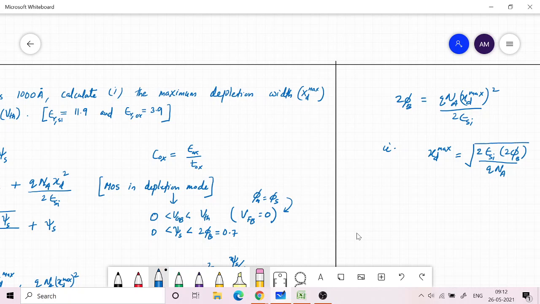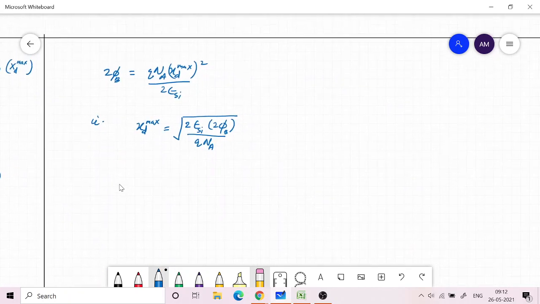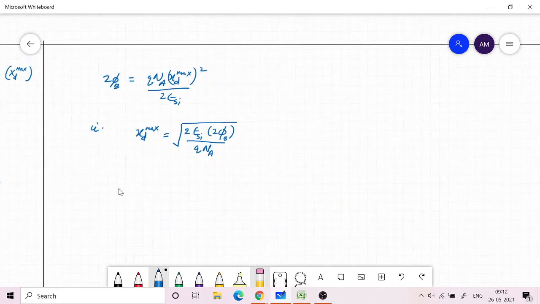I just inverted this relationship, so that gives me the XD max. Now we have all the parameters required, so let us substitute it.